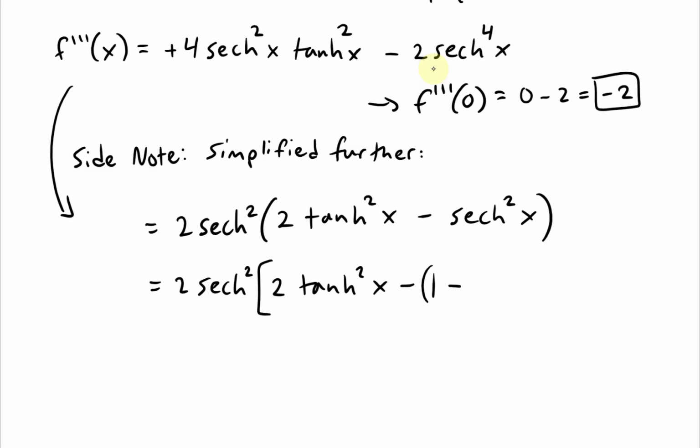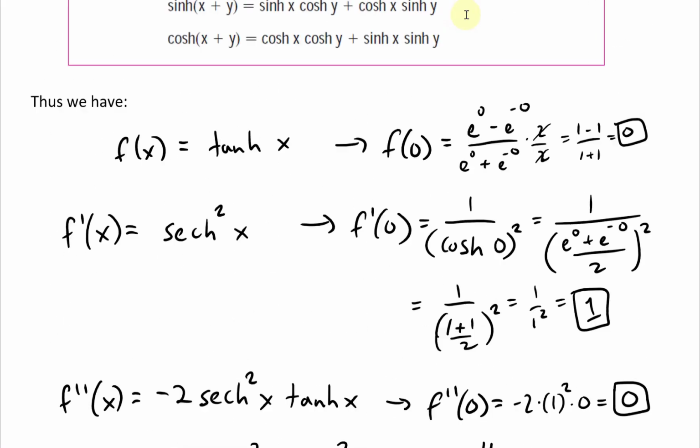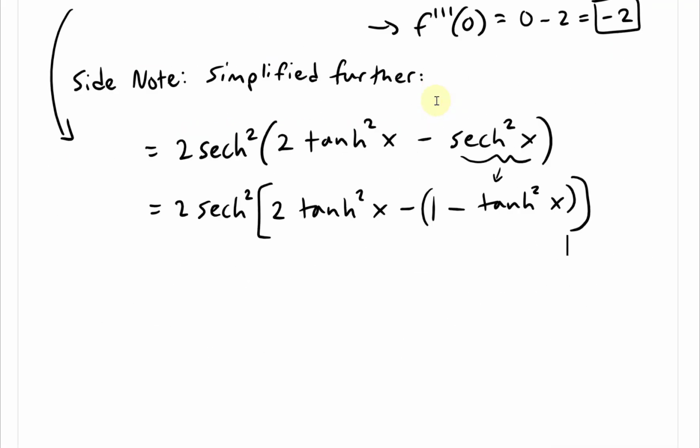Put a bracket minus. This is going to be tan hx, and this is this identity in brackets. That is just this one over there, and then this becomes a minus 1 there, then this becomes negative, this becomes positive.